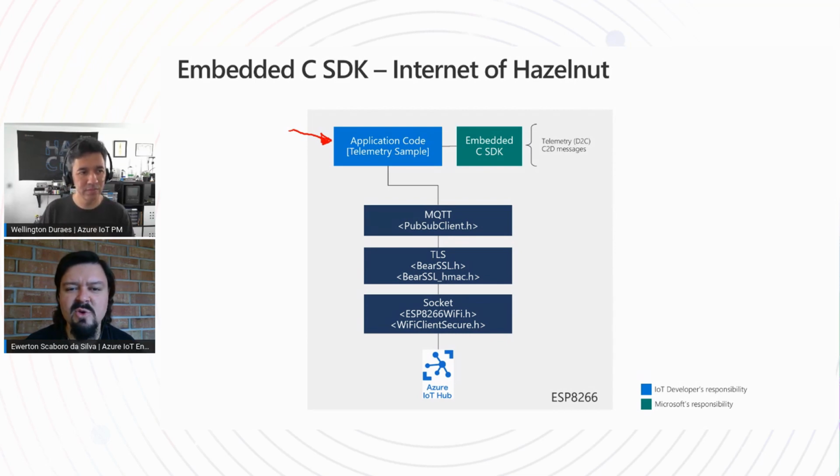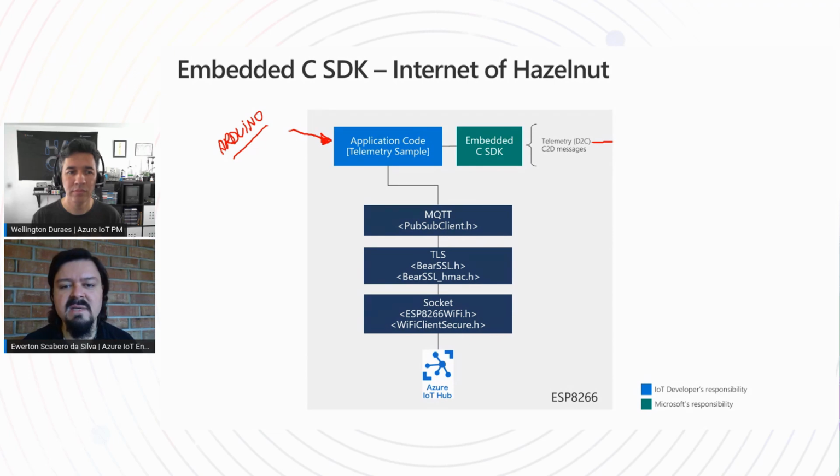And the creation of the sample is a very good idea of what customers are going to see when they're developing with the new embedded C SDK. Basically, we knew the application that we wanted to do, which was to use an application on the board to talk to the Azure IoT Hub and do telemetry, for example. Based on that, we knew that the embedded C SDK was capable of doing those features that we needed, and was based basically on MQTT.